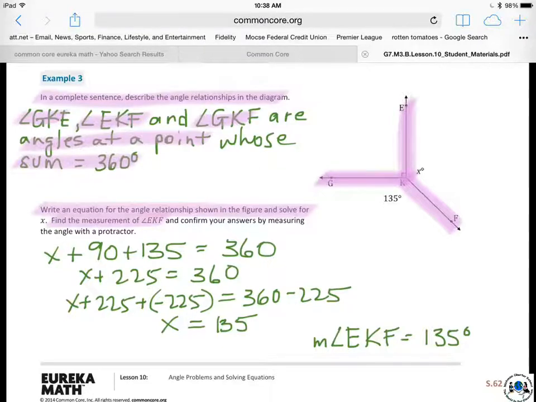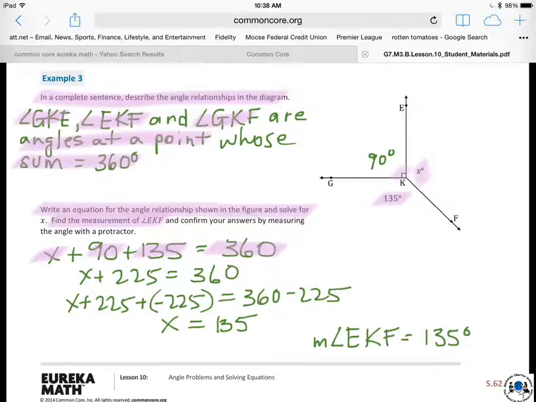Knowing that is really important because that's going to allow us to put together our equation. Therefore, we know that x, which is here, plus 90, which is here, because that symbol tells us that is 90 degrees, or a right angle, and 135, all added together, equals 360, because here's our 135.